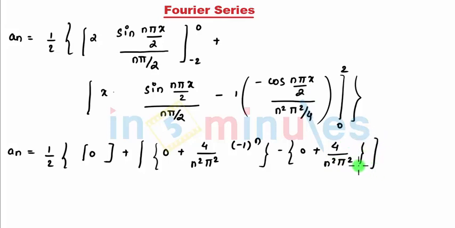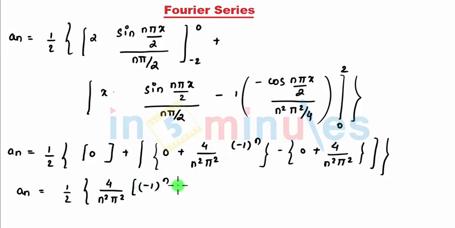So that's my substitution of limit, where I can write the value of a_n to be 1 by 2, first is 0, then here I can write 4 divided by n square pi square as a constant, and I can take it common, I get (-1) raised to n minus 1, which I get final to be 2 upon n square pi square into (-1) raised to n minus 1. So that's my value of a_n.